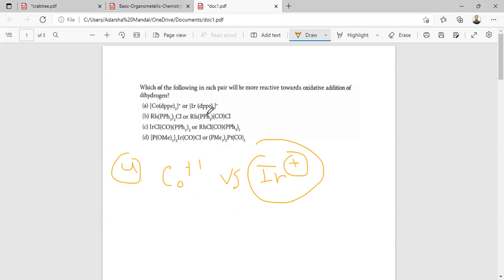So for iridium DPP, the reaction will be more favored compared to cobalt.